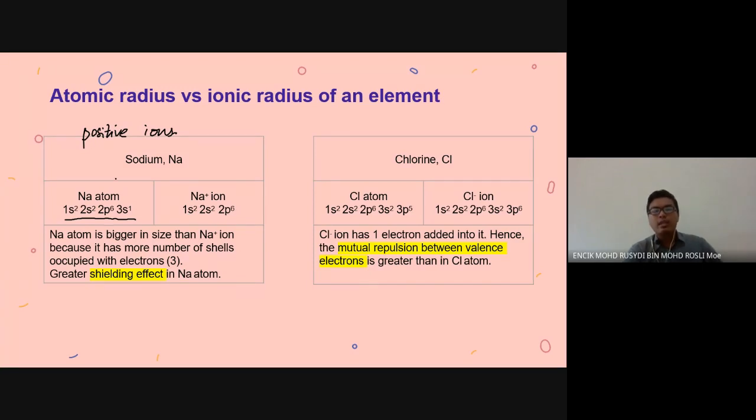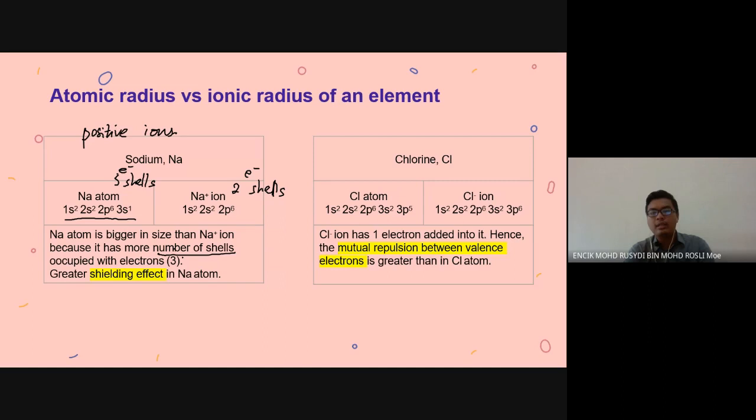So kita ada 3 shell for sodium atom, but then for sodium ion dia cuma ada 2 shells only. Okay, so electron shells. That's why sodium atom is bigger in size than sodium ion because it has more number of shells occupied with electrons.